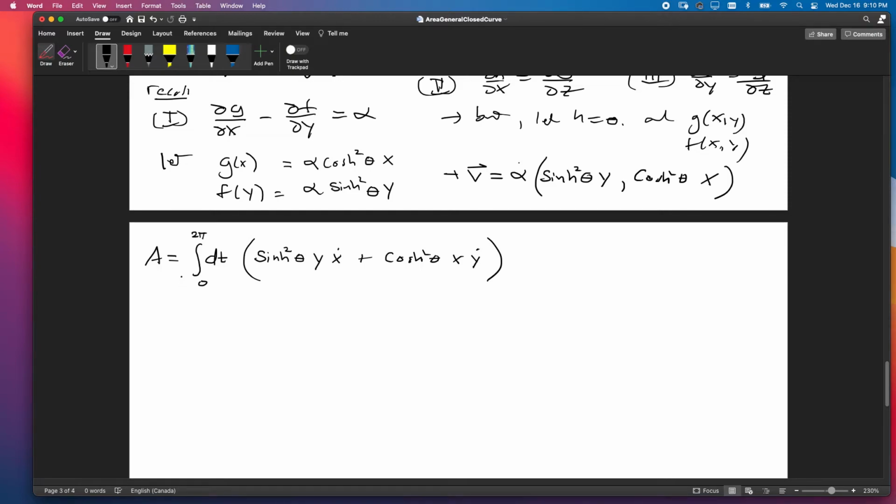And also this integral should not depend on theta.